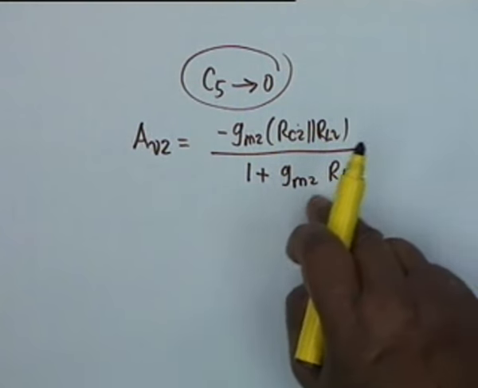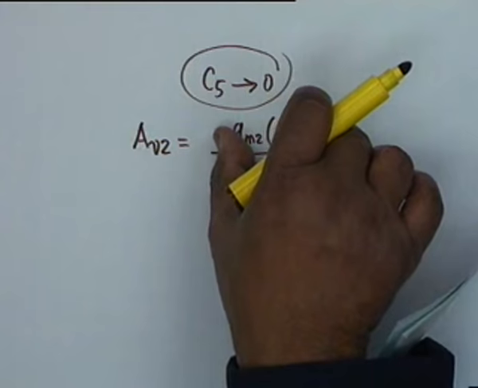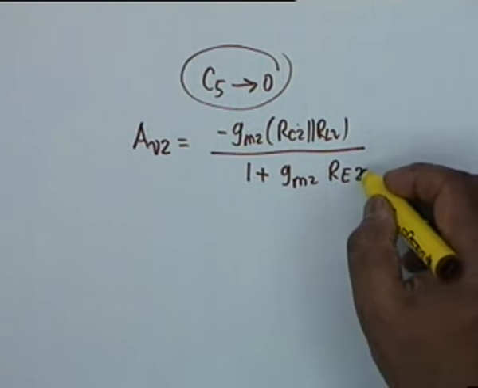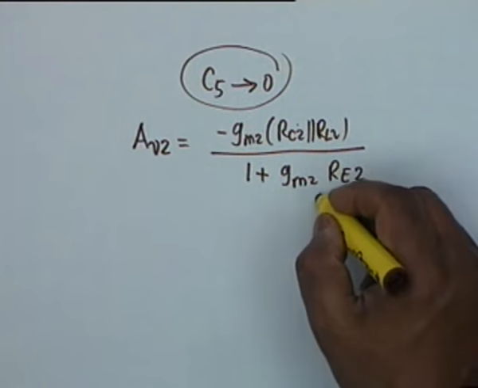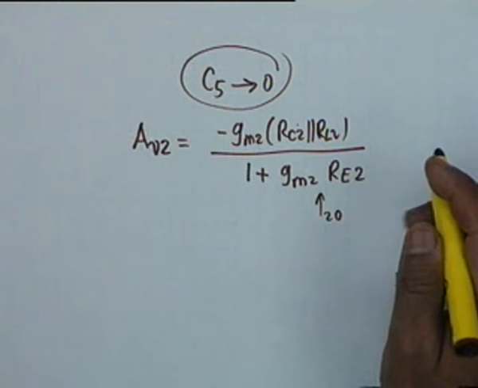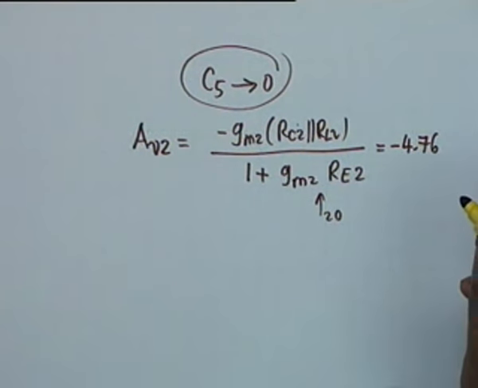Stands to reason, if RE2 is effectively 0, then it is simply this gain. So the gain is divided by 1 plus GM2 RE2, and you can verify that this figure is 20. So the voltage gain is reduced 21 times, and this becomes minus 4.76. What did we calculate roughly? Minus 5. So it's not too different. Agreed? It has come down.